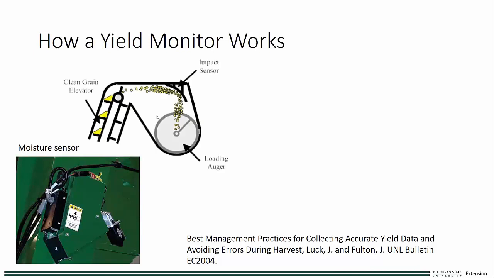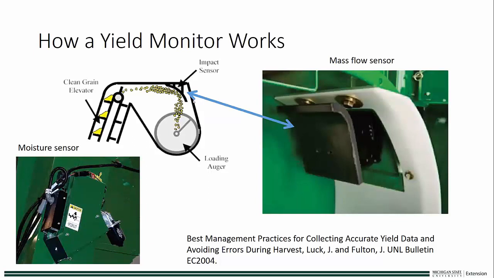The next component is the impact sensor. This graphic shows the clean grain elevator with the grain coming up with the paddles, and then it throws the grain across this impact sensor. This is what it looks like. It measures the impact, or the amount of load, from the amount of grain hitting it.